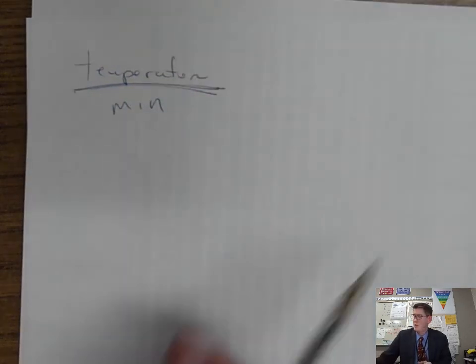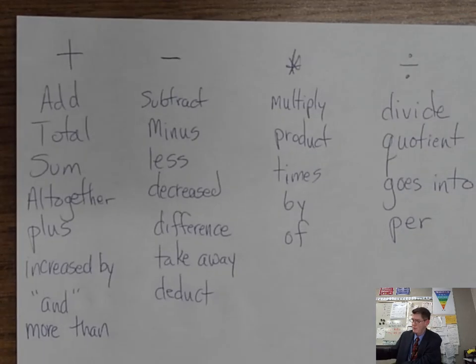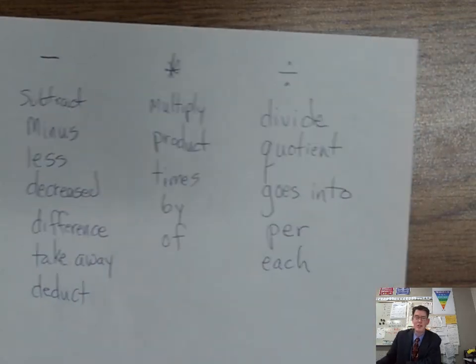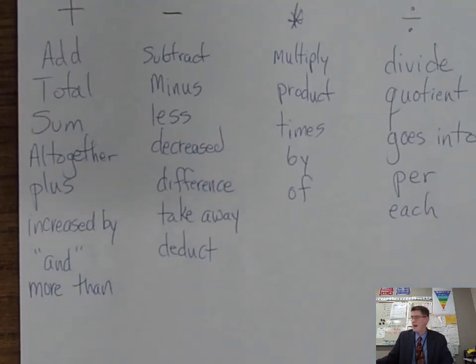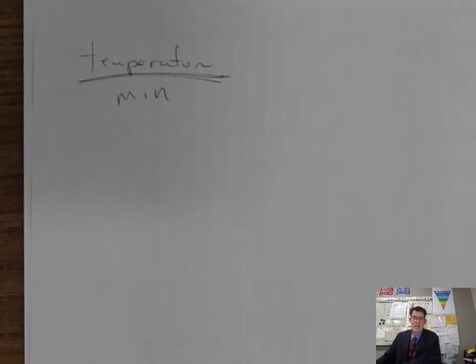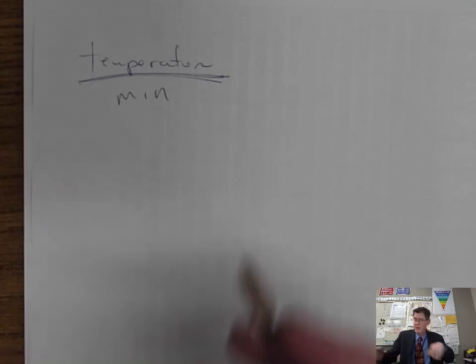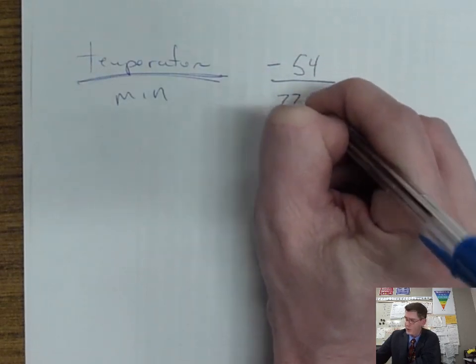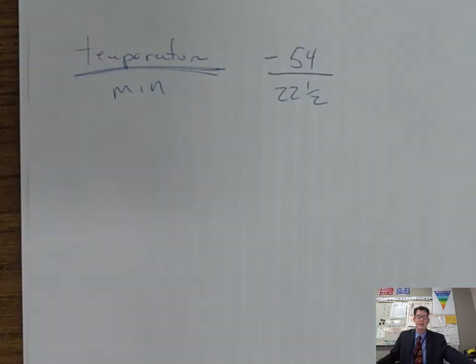The each means, have I written that down? I haven't. We talked about this the other day, that each means divide. So the temperature each minute, well, it changes 54 degrees over 22.5 minutes. So it goes down 54 degrees over 22.5 minutes.